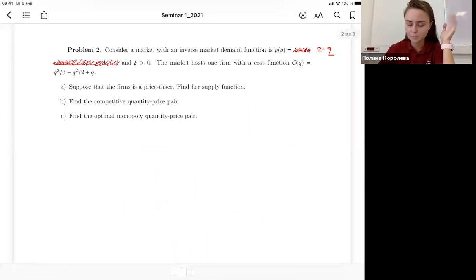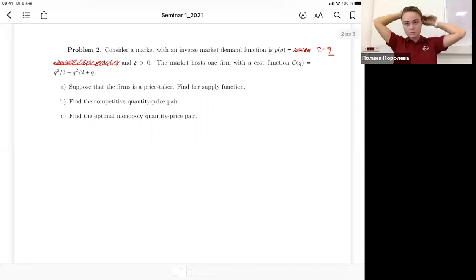The market hosts one firm with a cost function that looks like this. In the first task, suppose the firm is a price taker, find the supply function. Price taker means that we speak about a perfectly competitive market. That means that price for us will be constant. We're not a monopoly now.